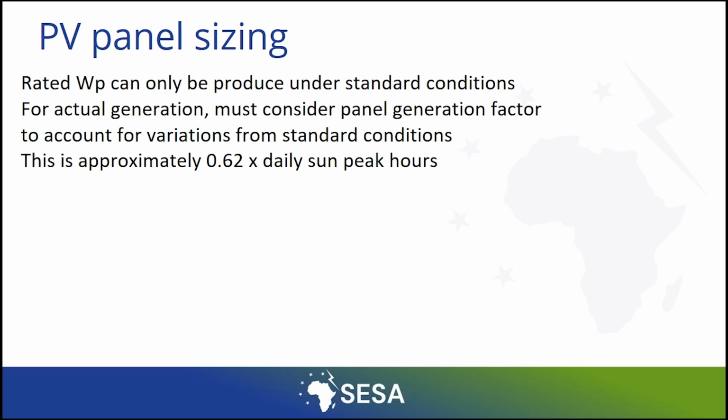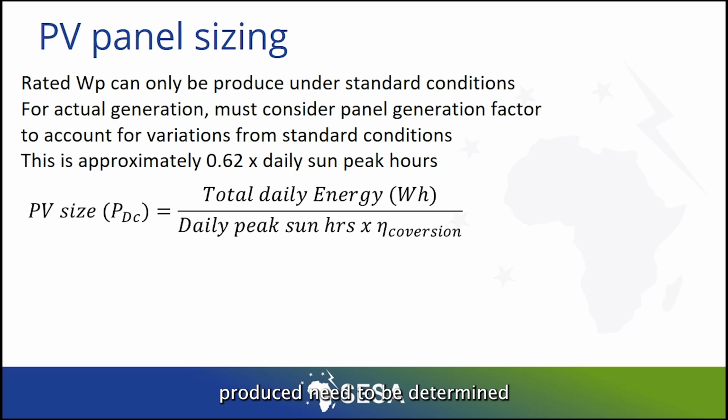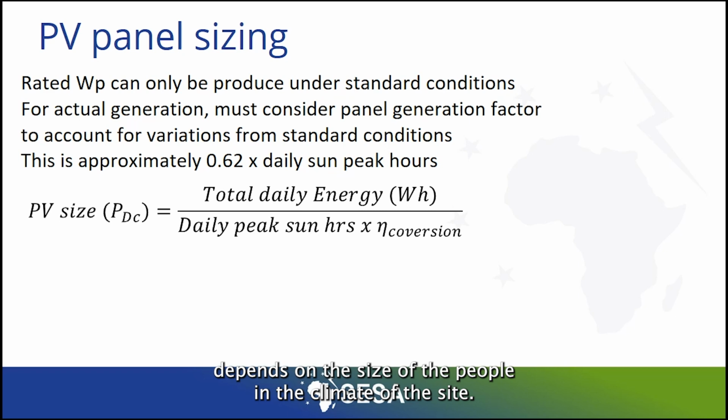Let's now continue by sizing the PV modules. To find out the sizing of the PV module, the total peak power produced needs to be determined. The peak produced depends on the size of the PV module and the climate of the site location.